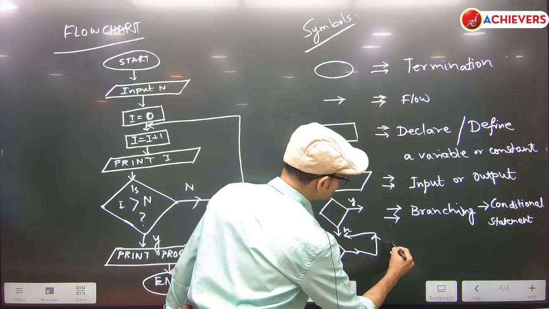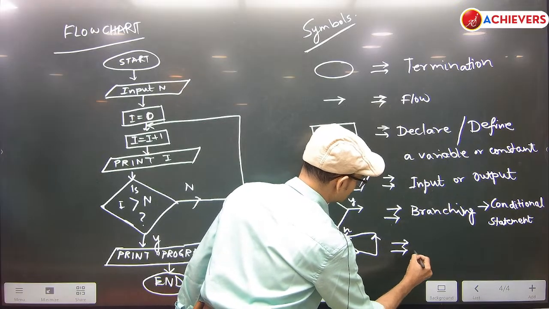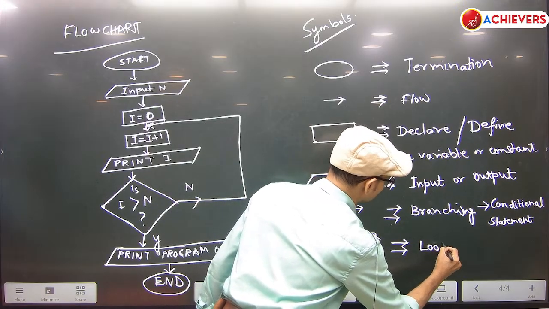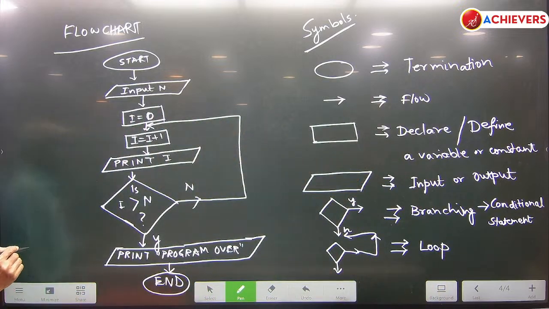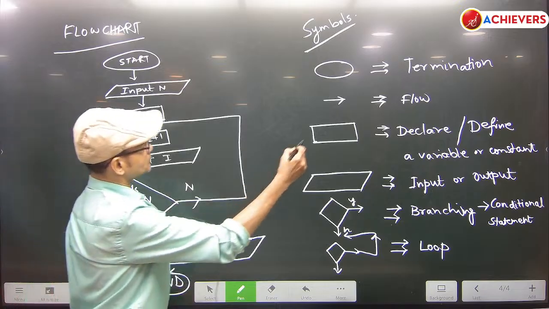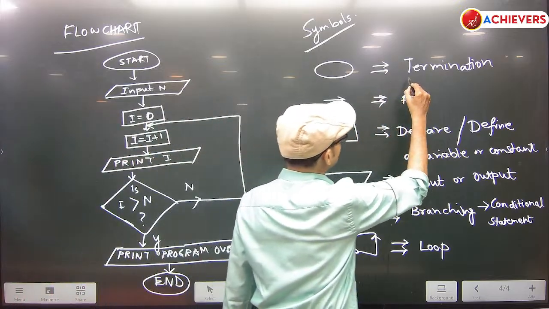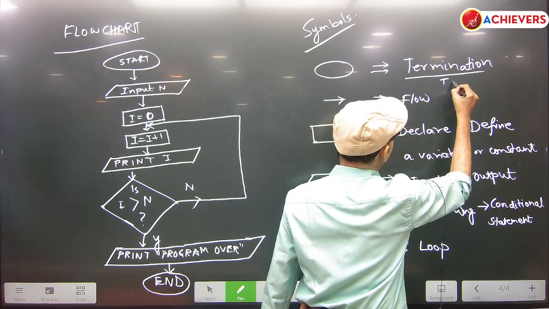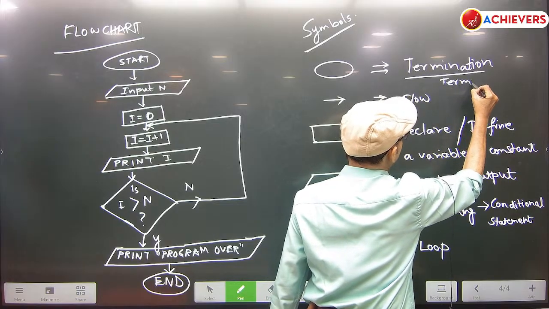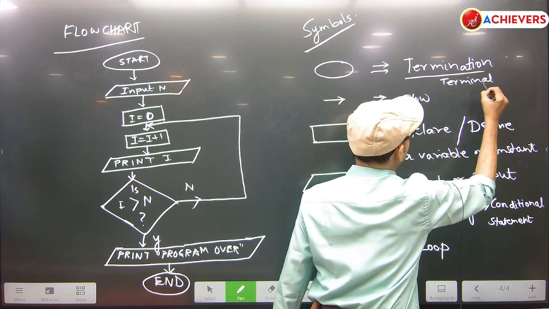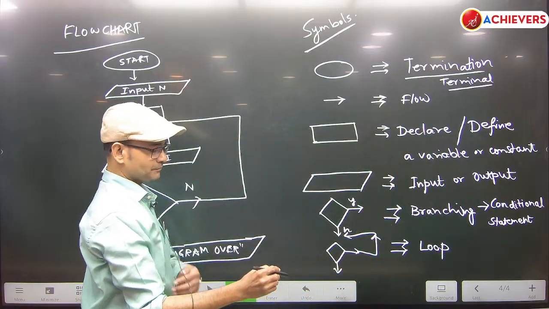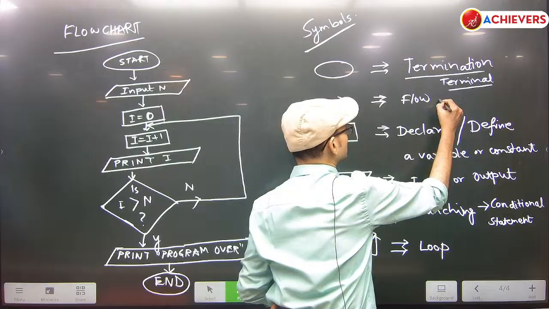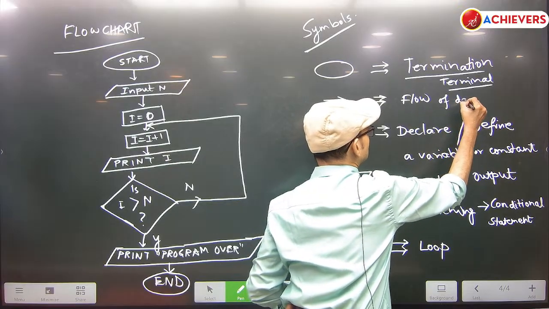So this is a loop. Termination or terminal. This is the flow of data that we have. Flow of data.